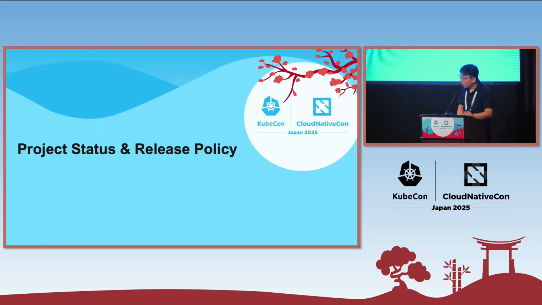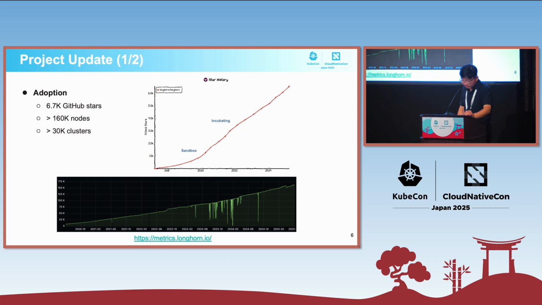Okay, and our project status and release policy. According to the GitHub star history and our metrics in Longhorn, you can see Longhorn has received more and more attention and adoption over the past years. Currently, there are 160K nodes and over 60 clusters running Longhorn. So Longhorn is very popular in the community.